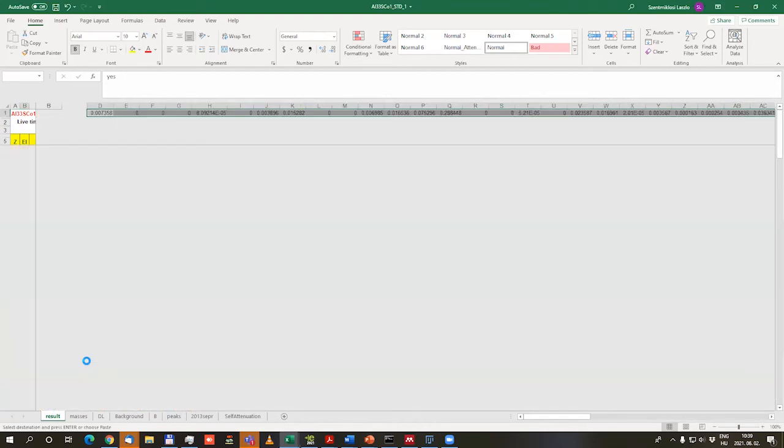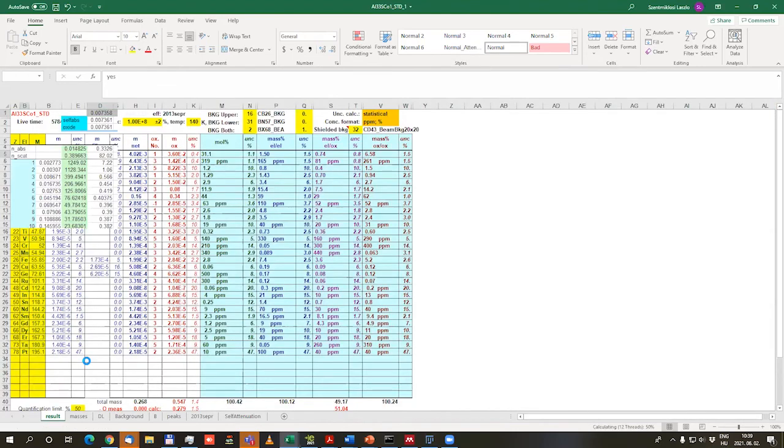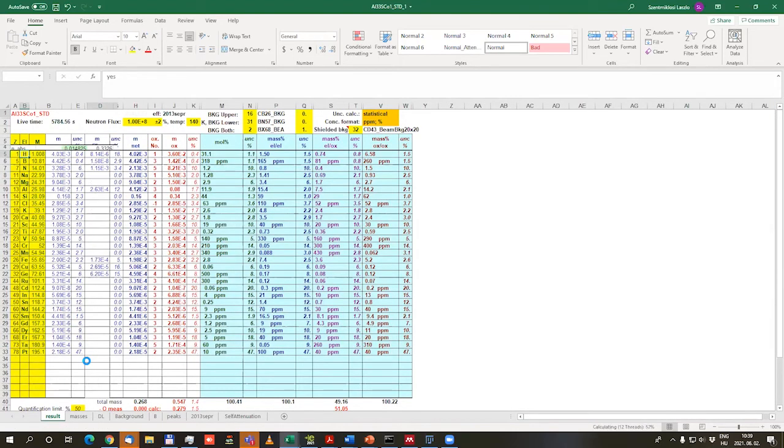Although gamma rays and neutrons are highly penetrating particles, they still interact with the material of the sample. So this matrix effect can be corrected for by correcting for this negative bias, and this is done by this step.